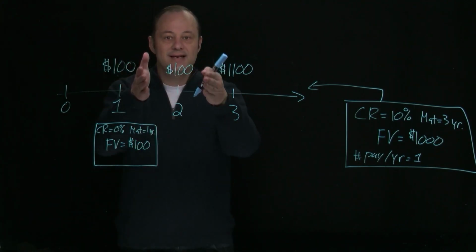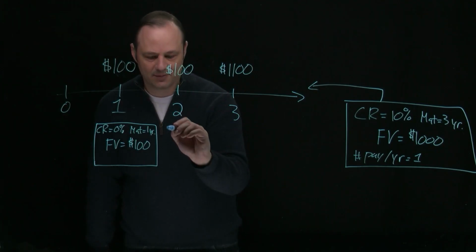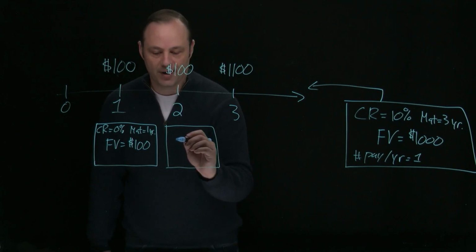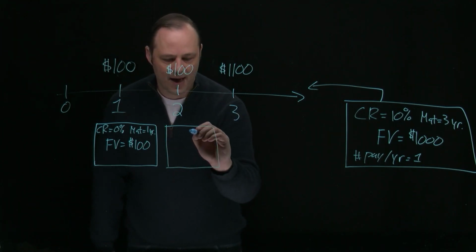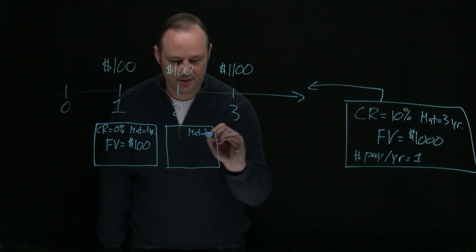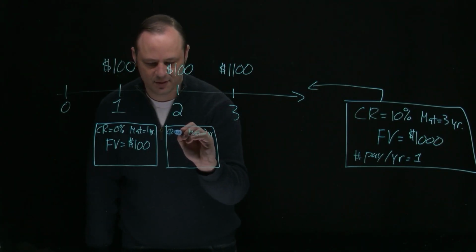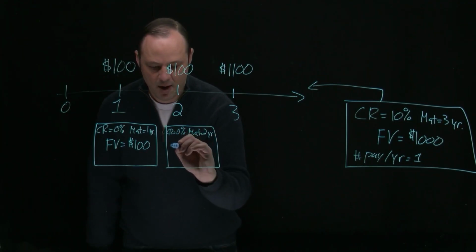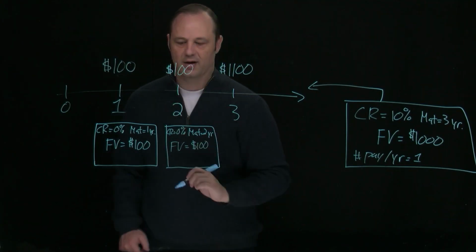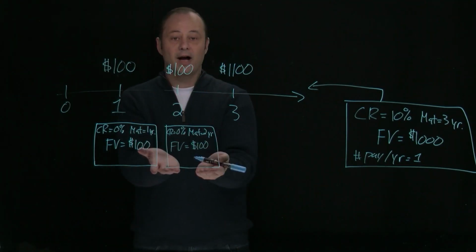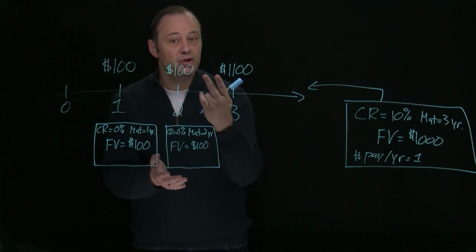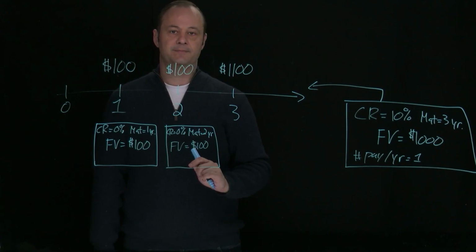Okay? This next $100 payment here at time 2, we can also think of as a zero coupon bond that matures in 2 years. The coupon rate's 0%. The face value is $100. This $100 payment, likewise, we can think of as a zero coupon bond that matures in 2 years with a face value of 100.